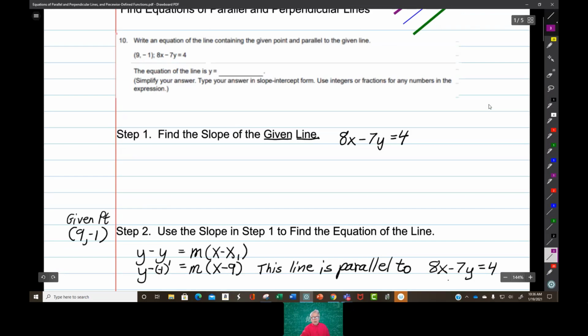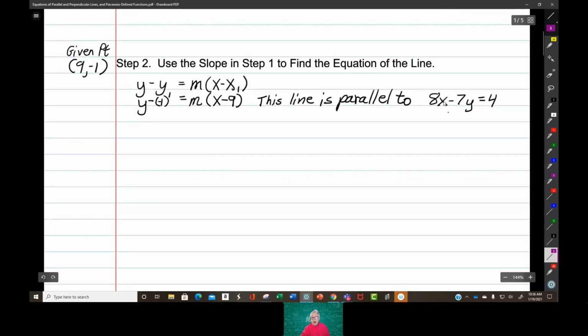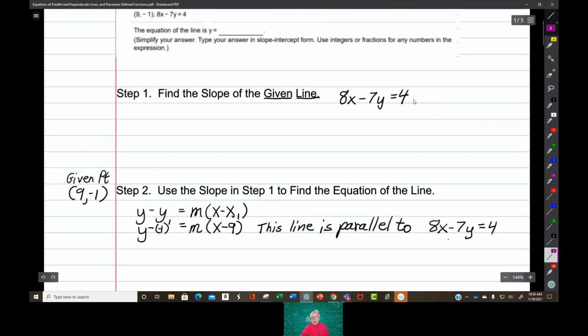So anyway, we are going to find the equation of the line that goes through the given point, and it's parallel to the line we're given. The first step is always to use the given line to find the slope. Well, that's what I'm going to do now.